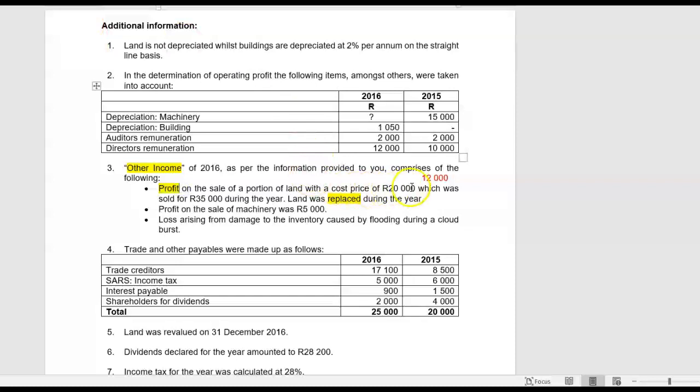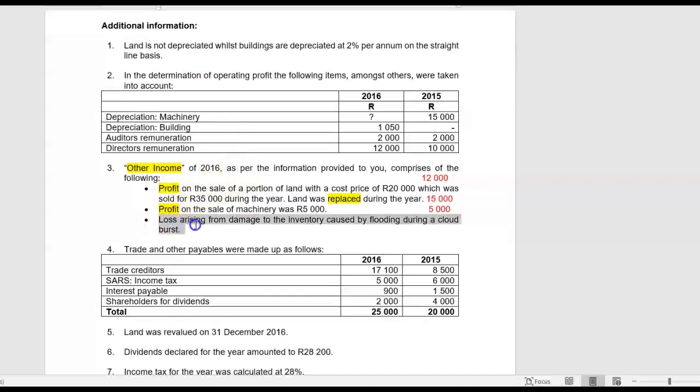Profit on the sale was then 35,000 proceeds less 20,000, which gives us then 15,000 rand. Then also included there was a profit on the sale of machinery of 5,000 rand.